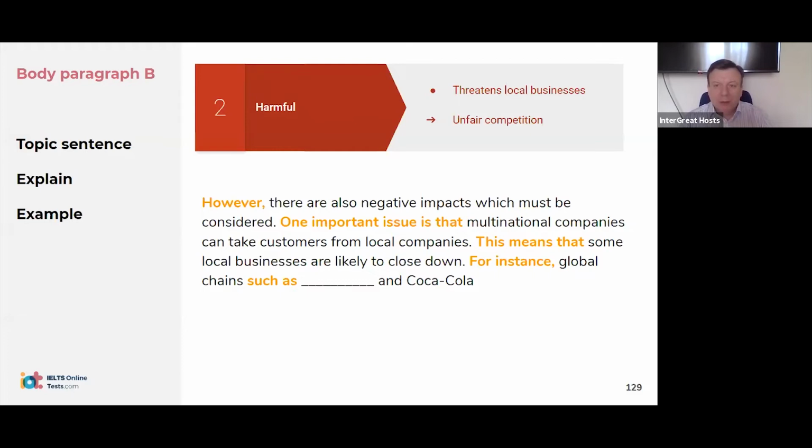Naomi, good. Raven, yeah, that would work as well. Raven, yeah, good. Abed, yeah. So there's a number of examples. We've chosen McDonald's here. So global change such as McDonald's and Coca-Cola have a much larger, so for advertising.